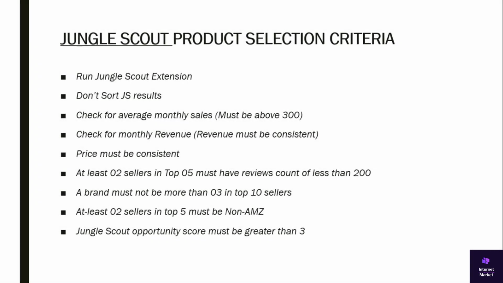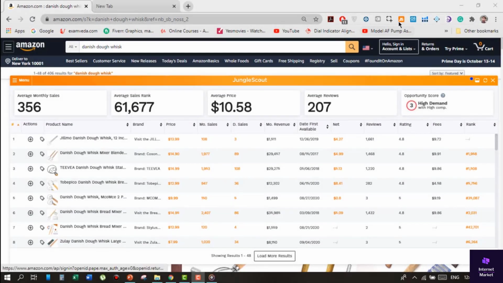Let's get started with Jungle Scout Chrome extension. Jungle Scout plays an important role in analyzing product data. After analyzing the main keyword from the listing title, paste the keyword in the Amazon search bar. Let's type Danish dough whisks and run JS on it.